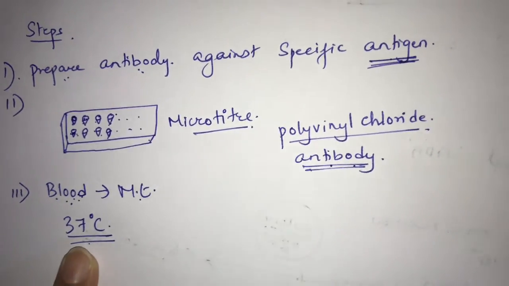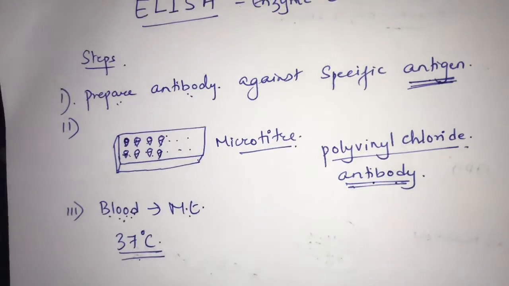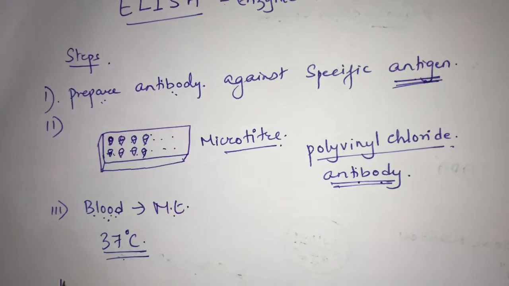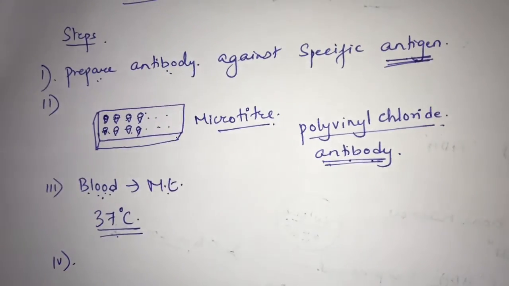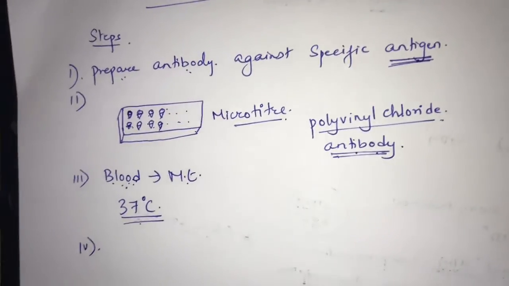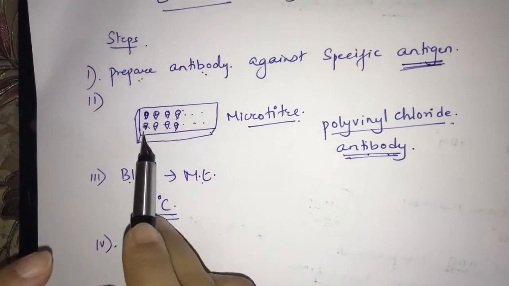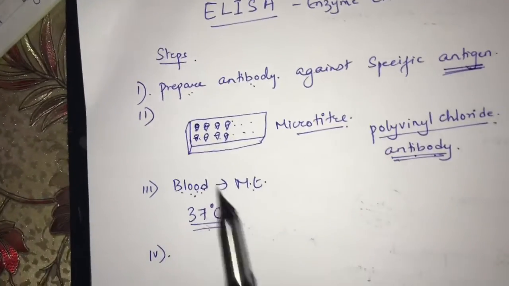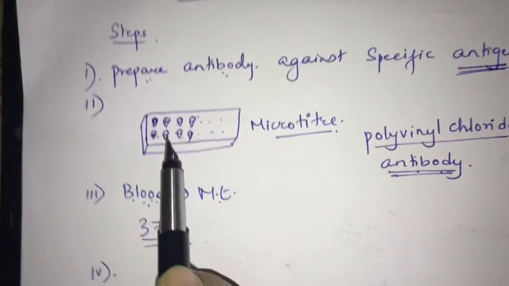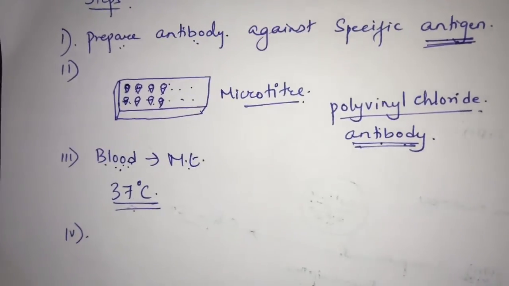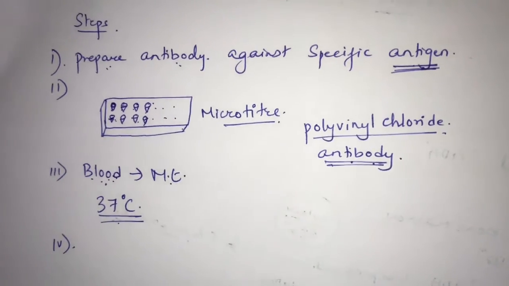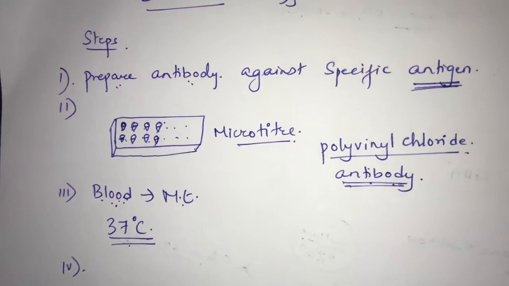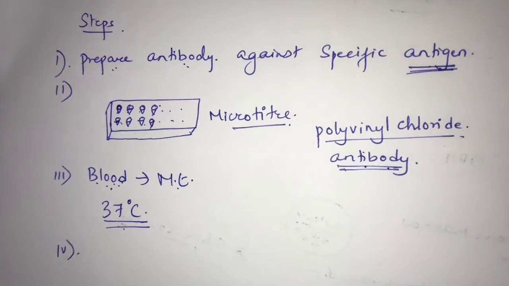We need to incubate it at 37 degrees Celsius. Now what happens after that? Wash to remove excess antigen. After that we need to wash away the excess antigen which is not bound to this microtiter. We need to blot all that, and now add enzyme specific to the antigen.